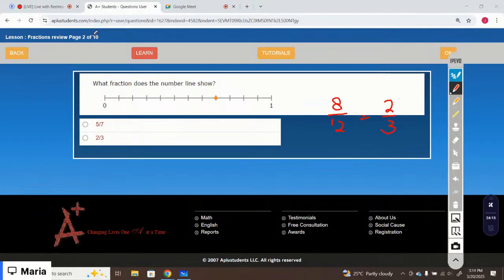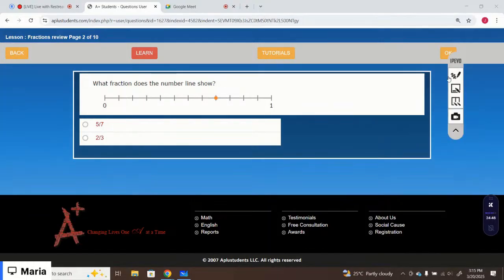Option number 2 is the correct option. 2 by 3 it is.